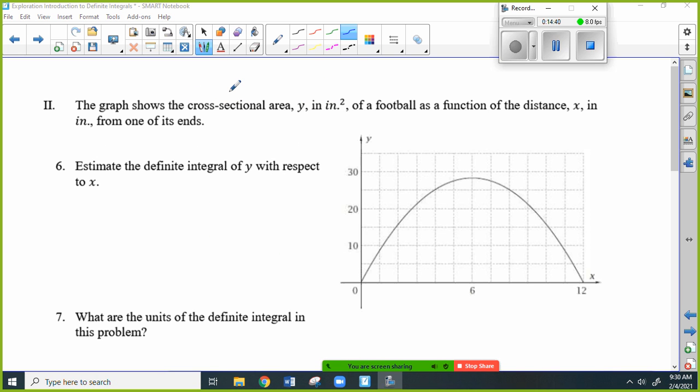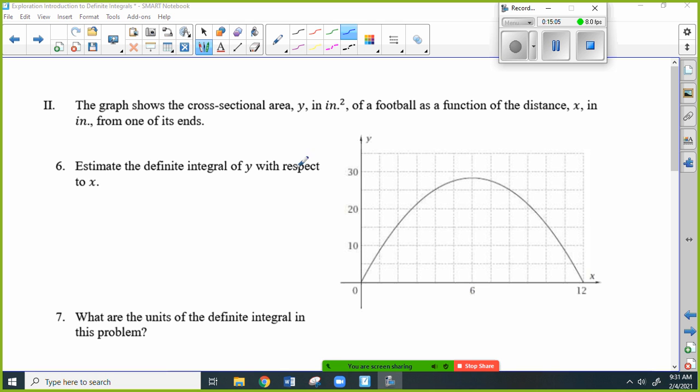All right, so this says the graph shows the cross-sectional area, y, in inches squared of a football as a function of the distance, x, in inches from one of its ends, okay? And I want to estimate the definite integral of y with respect to x.